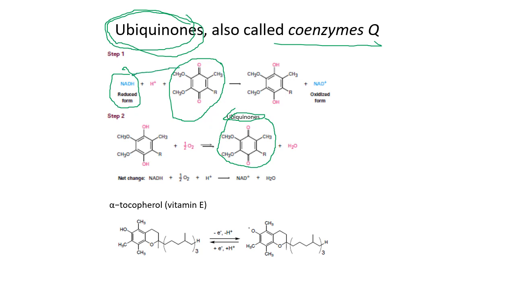يعني basically راح يصير الأوبيكوينون راح يصير له reduction, and it will be reduced to what we called as ubiquinol. Ubiquinol. هكتب هون quickly.